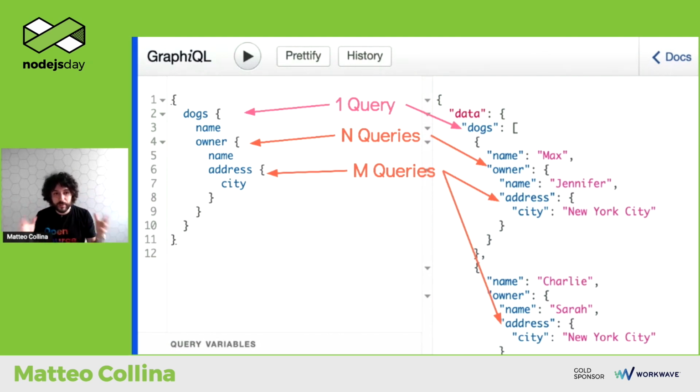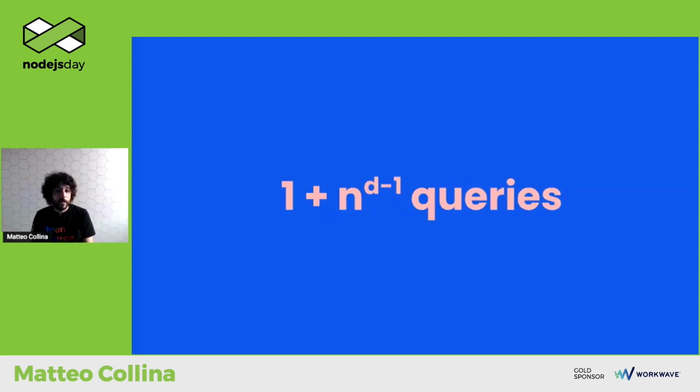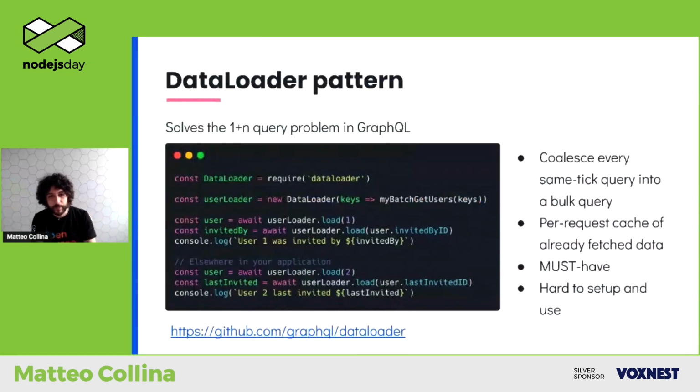And this depth is problematic because it can be generalized to 1 plus n to the power of d minus 1, which is really bad. It's a lot of queries that can happen.